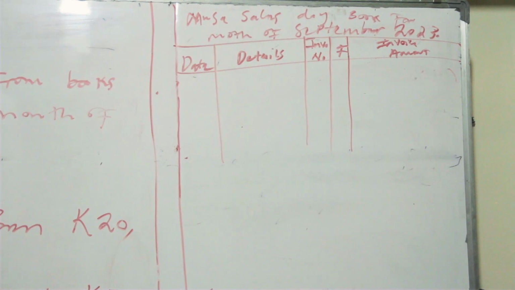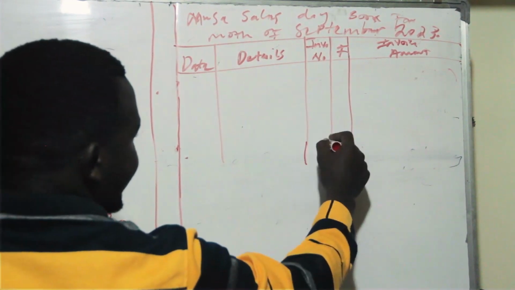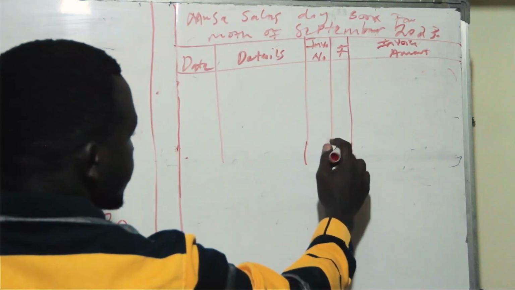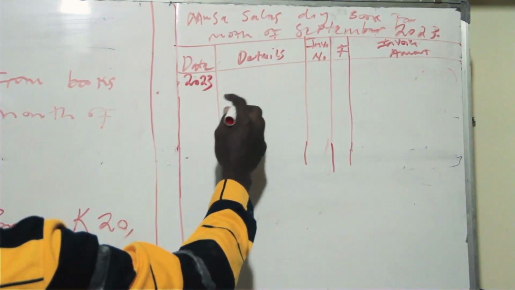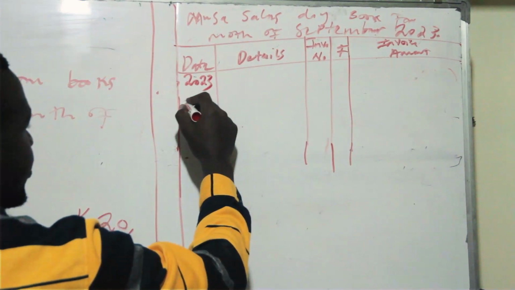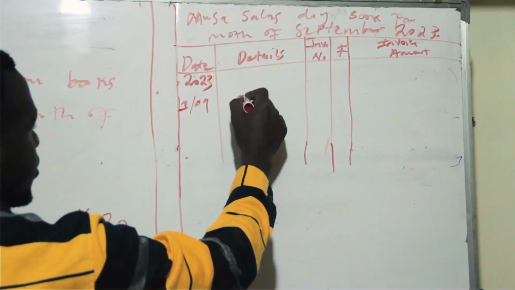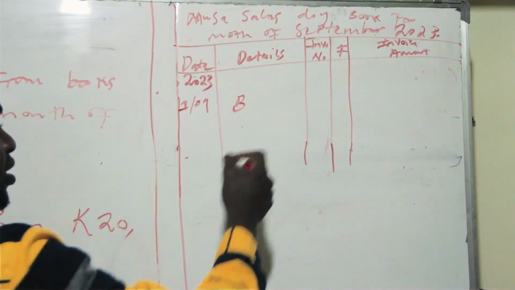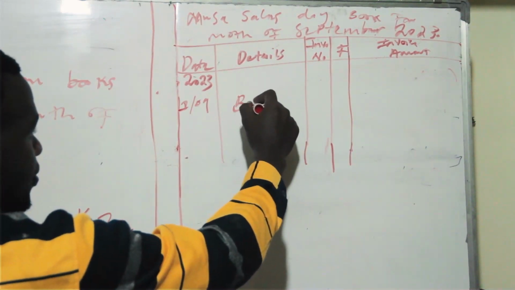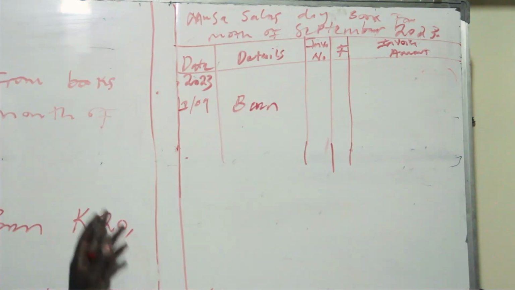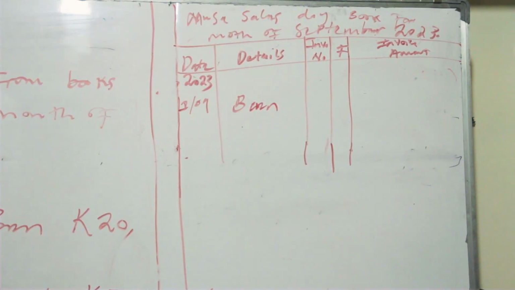The first transaction occurred on the 1st of September, and it reads: sold goods to Ben amounting to 20 kwacha, sales invoice 150. In the details column, we are going to put Ben, and the amount there is 20 kwacha.